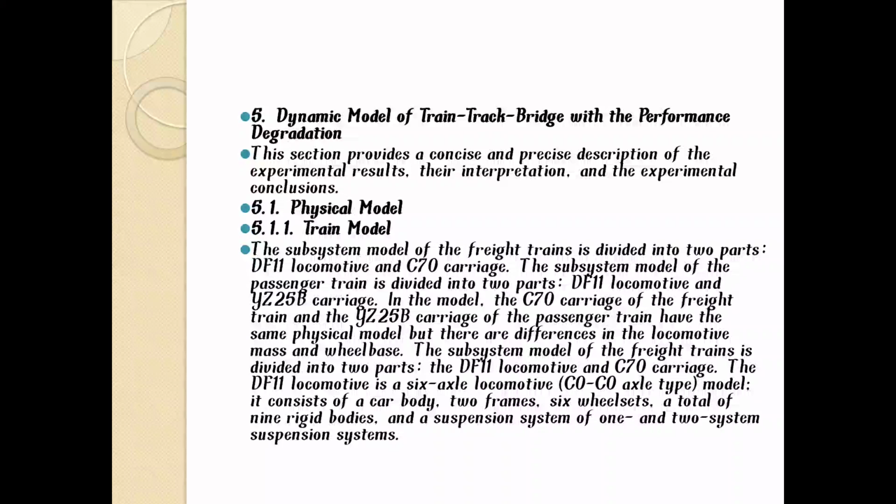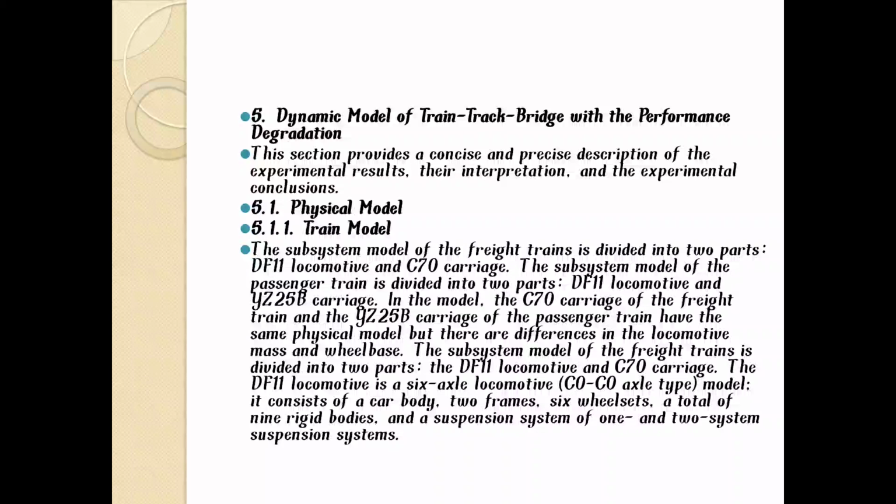In this model, the C17 carriage of the freight train and the YZ25B carriage of the passenger train have the same physical model, but there are differences in the locomotive mass and wheelbase.